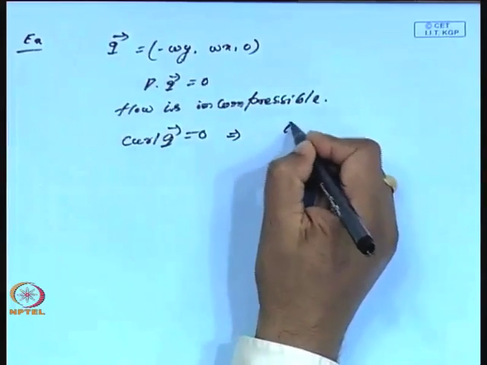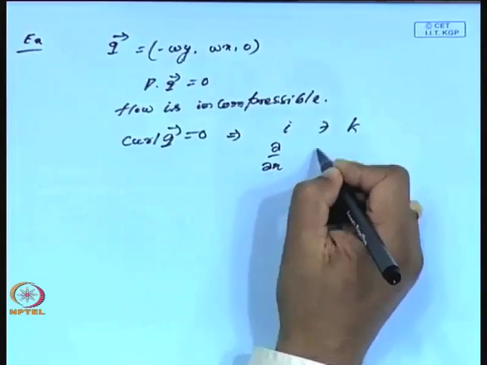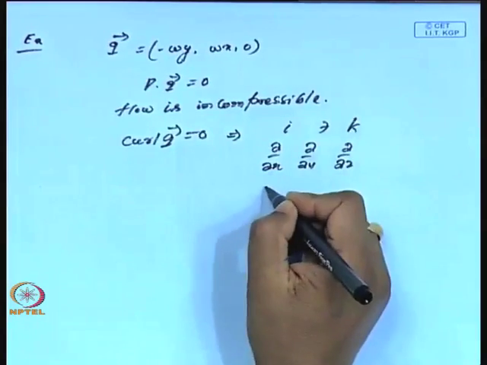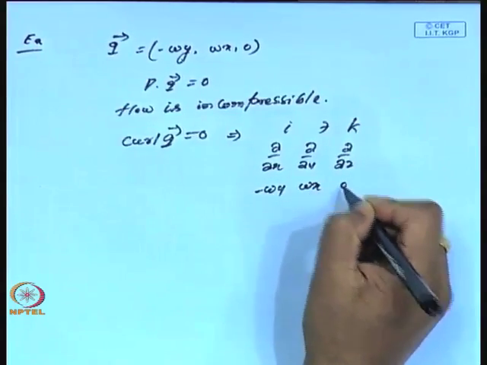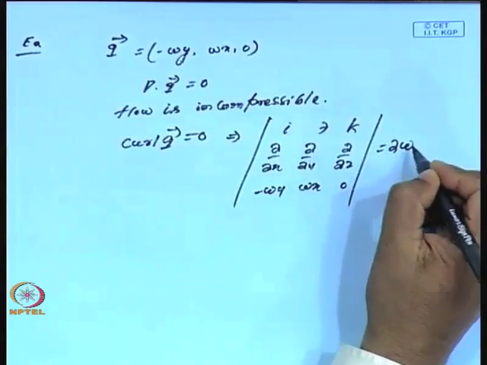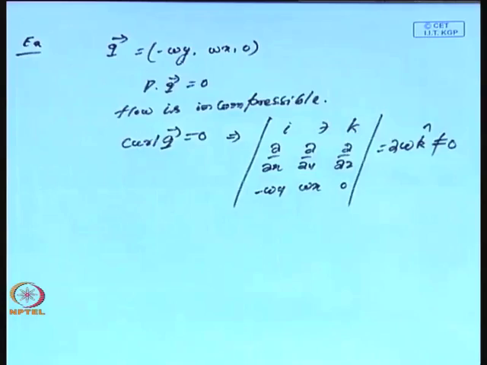taking the determinant with i, j, k, del by del x, del by del y, del by del z, and u is minus omega y, v is omega x, and w is 0, you calculate and get 2 omega k hat, which is not equal to 0.